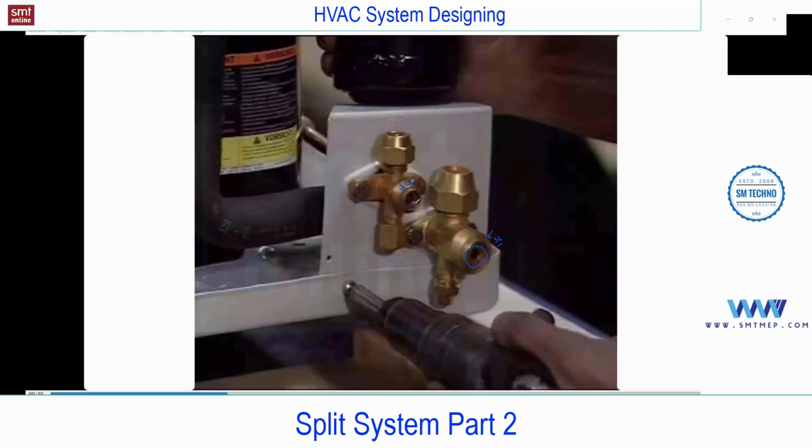It will change its form from vapor to liquid in the condenser, and the same liquid will pass through the expansion device and will come out in the liquid form only from the outdoor unit. And from the outdoor to indoor, the refrigerant is in liquid state, right?